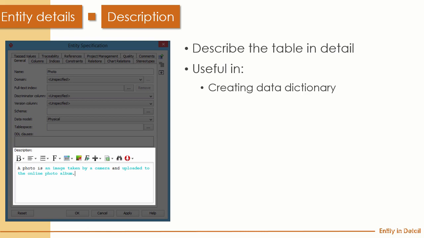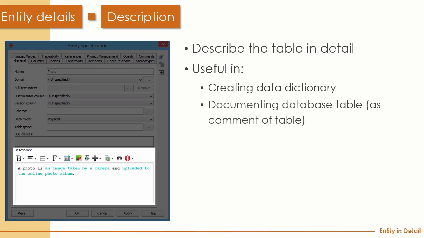The data dictionary is a kind of document for the developer or the database admin to understand the data structure. So the description will be generated there, and it's for documenting the database. When someone looks at your table and wants to know what this table is used for, instead of walking through each column and guessing, they just need to read the description and understand it.